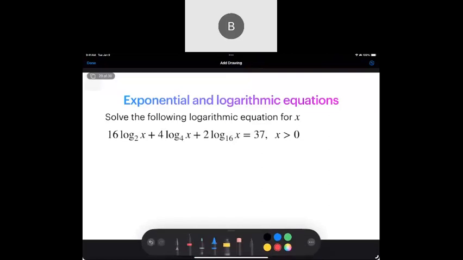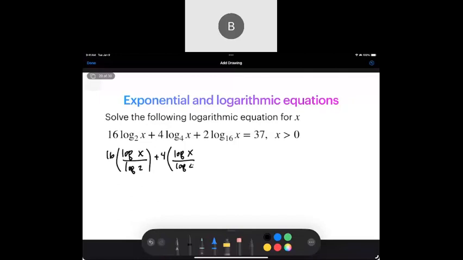So what should we do first? I think we can do this first. We can change of base. Let me just write this and think which base that we can try to fix it.